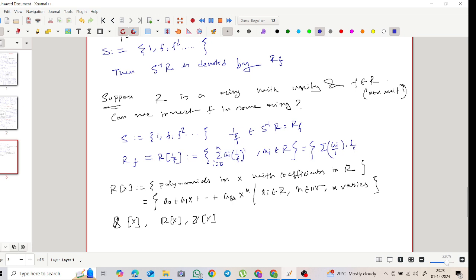Now this multiplication you can make the meaning of it in Rf.